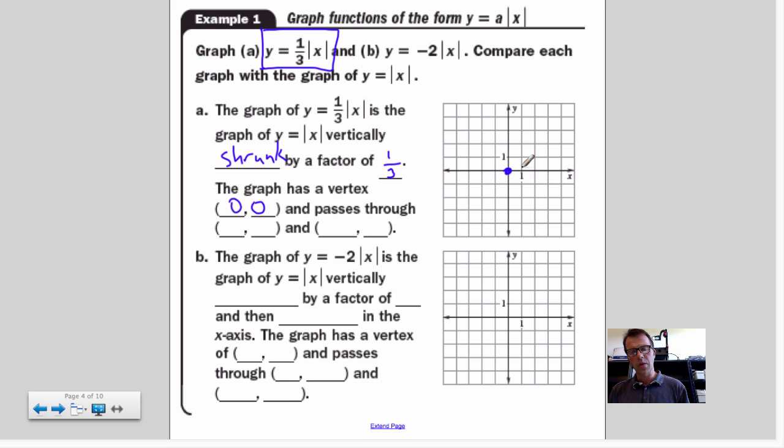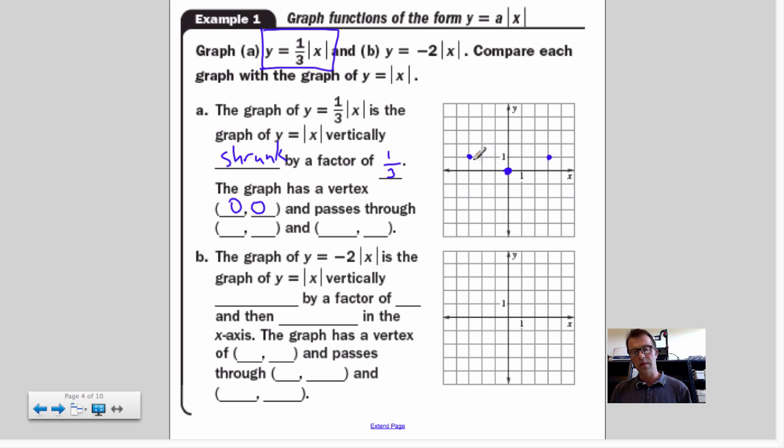But instead, we're only going up a third, right? 1 times 1/3 is 1/3. If I were to shift over 2 units, absolute value of 2 is 2, times a third is 2/3. We're going to skip that, I don't want to graph these points. But if I go to 3, absolute value of 3 is 3, times 1/3 is 1, I get a nice point. And again, I have a point of symmetry 3 over at the same height.